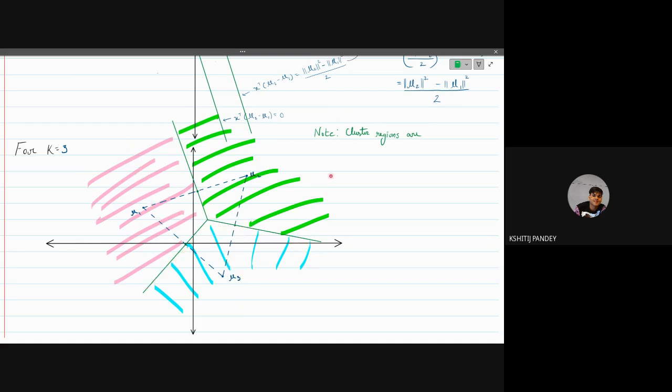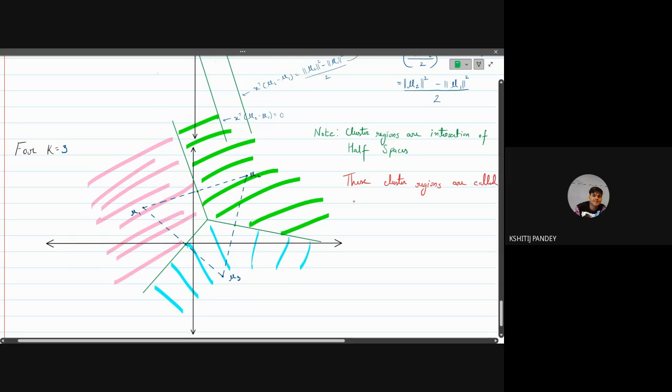So your cluster regions are intersections of half spaces, and these cluster regions are called Voronoi regions.